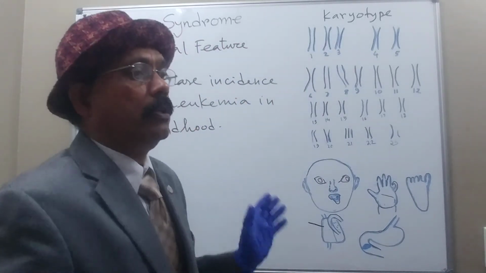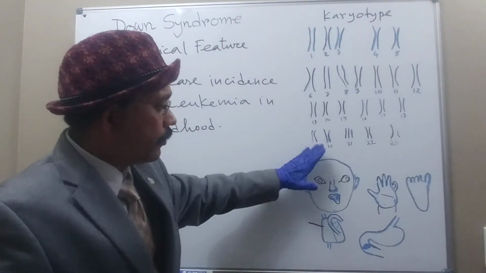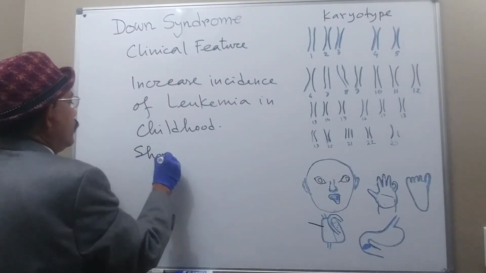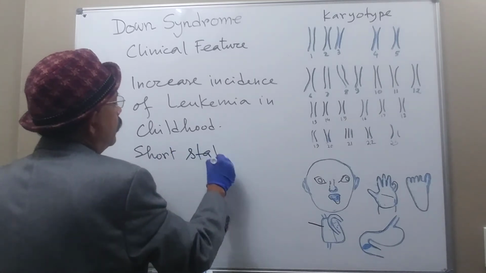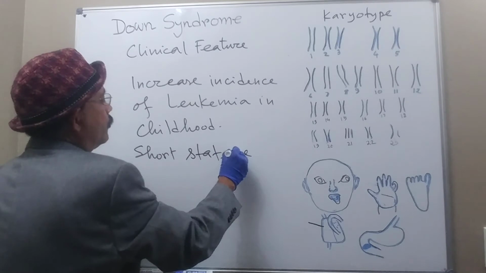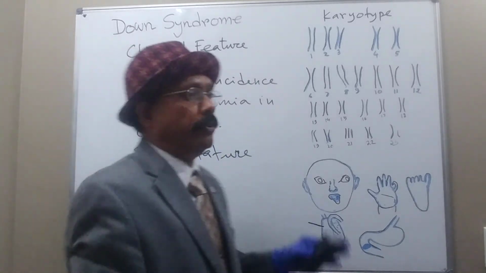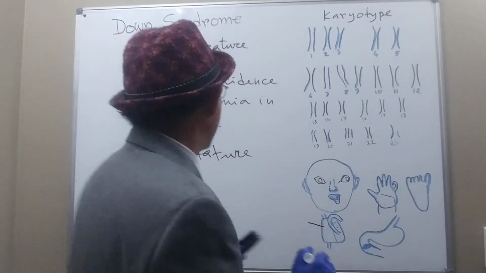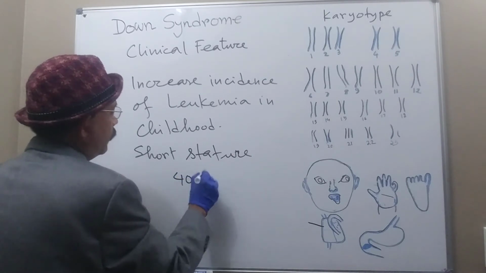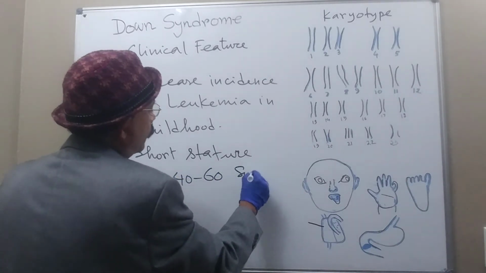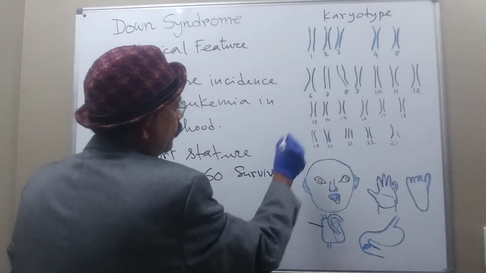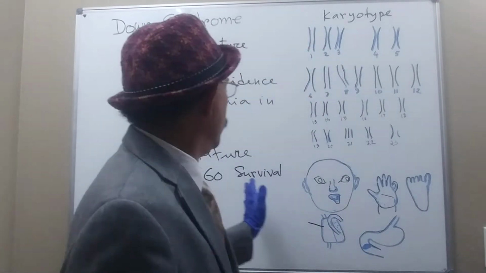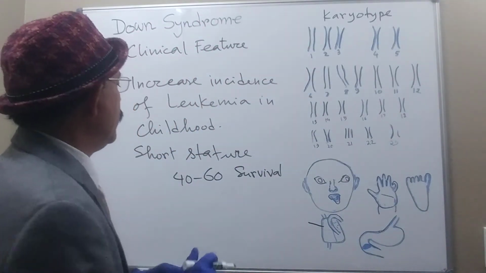As a whole, a person with Down syndrome is usually shorter, so short stature, and longevity is variable. If there is not much heart problem and it is managed properly, this person can survive up to 40 to 60 years, depending on the anomalies present and the support system.